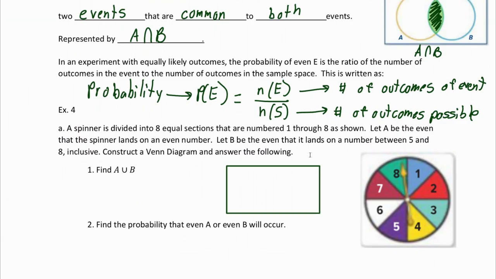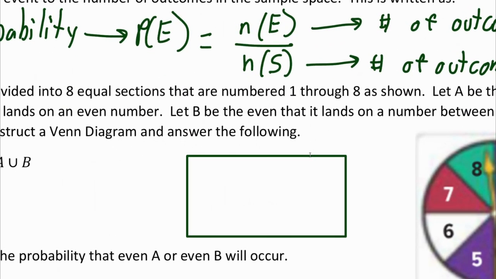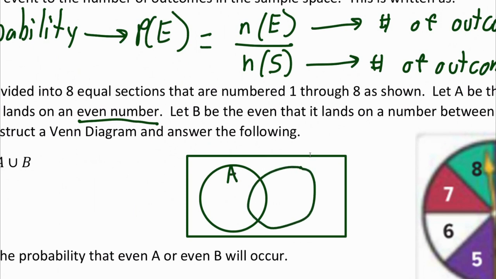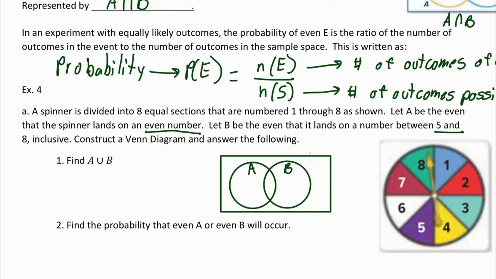Okay, so we have two options. We have event A, which is that it's going to land on an even number. And then we also have event B, which is that it's going to land on a number between 5 and 8 inclusive, meaning it could be 5 or 8.